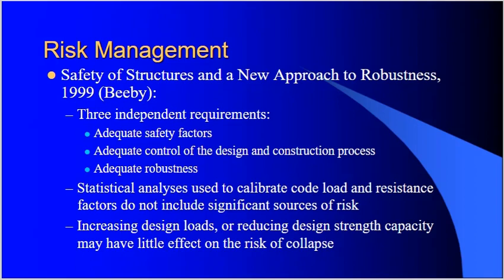So he noted that statistical analyses used to calibrate code load and resistance factors do not include significant sources of risk. Also, that increasing the design loads or reducing the design strength capacity may have little effect on the risk of collapse.